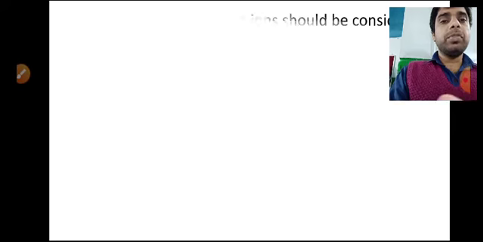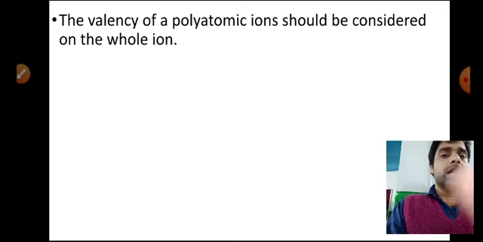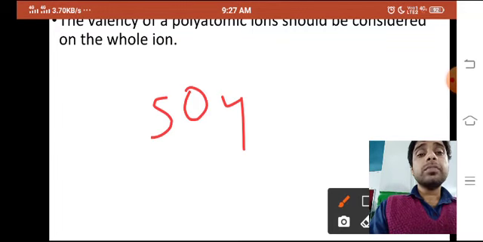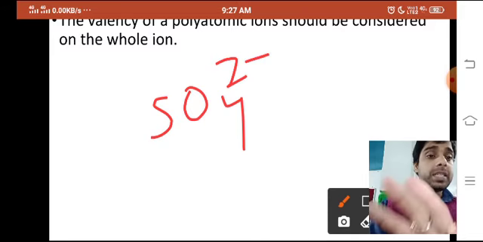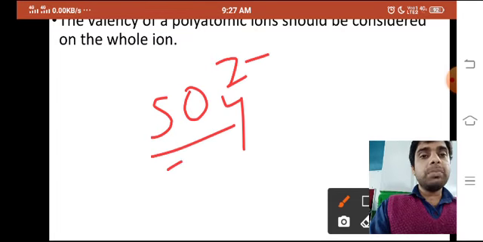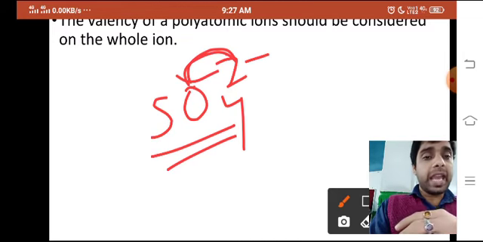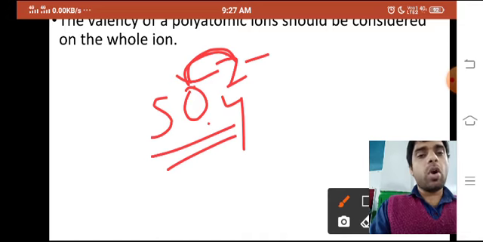The next step is for polyatomic ions. The valency of a polyatomic ion should be considered on the whole ion. What does it mean? If I write SO4 2 negative, the 2 does not operate with oxygen only.